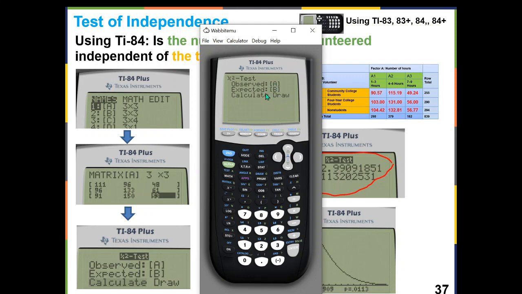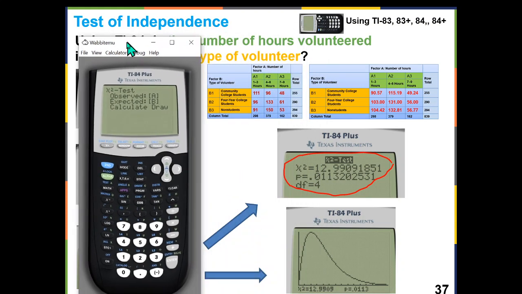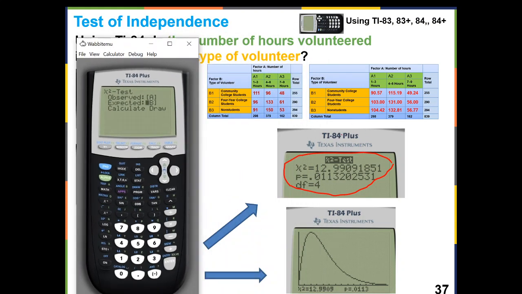And the matrix B would be where the calculator is going to put the expected values. So the calculator is going to calculate all of these for you and put them in matrix B after you run this test. So now you don't change B, just leave it alone and go to calculate. There.